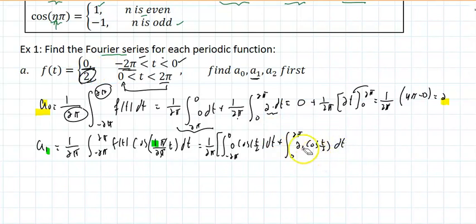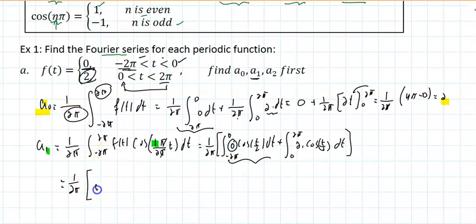So this here is going to be 1 over 2 pi, the integral. This first part is 0, no need to write that.